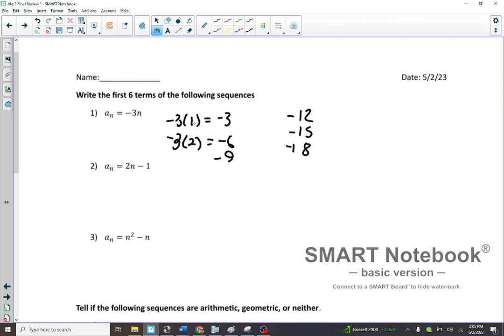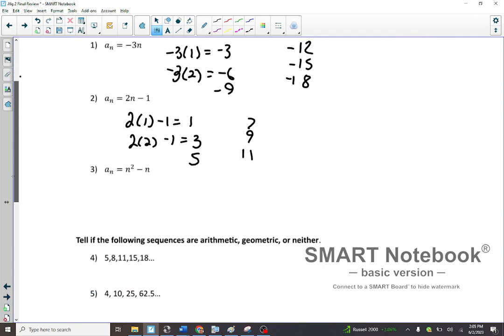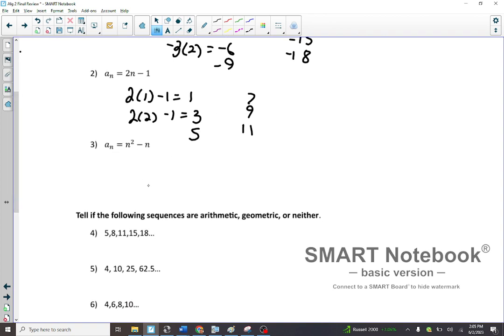I just keep plugging in the numbers from 1 through 6 because I said the first 6 terms. 2n minus 1, so 2 times 1 minus 1 is 1. 2 times 2 minus 1 is 3. 5, 7, 9, 11. Again, if you want a more detailed breakdown, go to the particular video for this test.